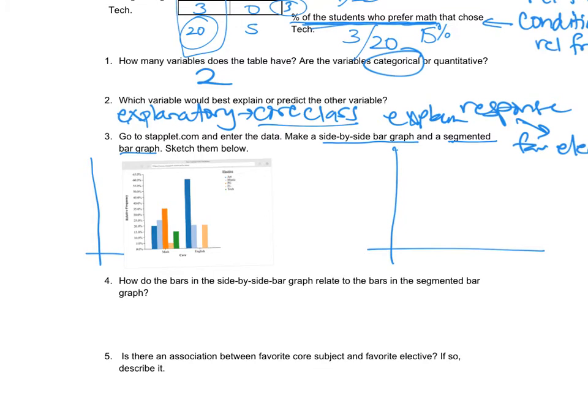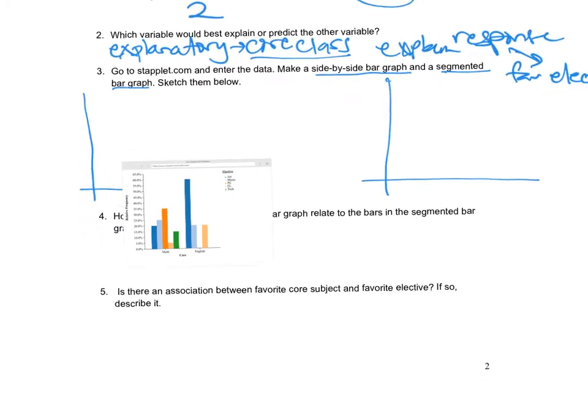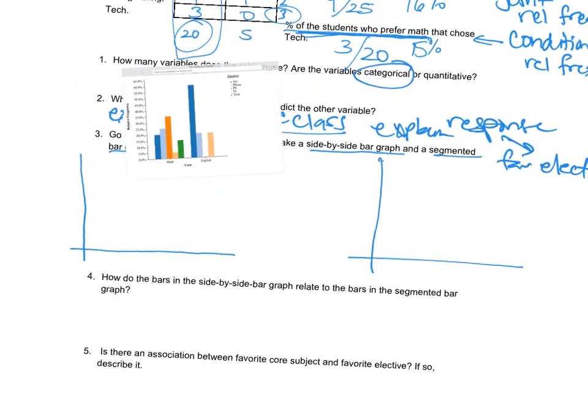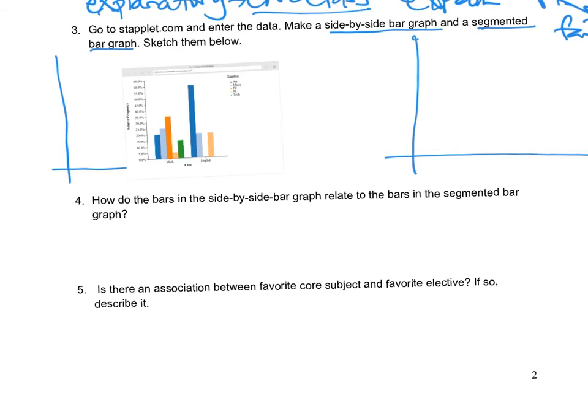Perfect. All right. So how do the bars in the side-by-side bar graph relate to the bars in the segmented bar graph? Well, basically, if you were to stack, so let me get my pen, if you stack all of the bars for math, it would look like the segmented bar graph.